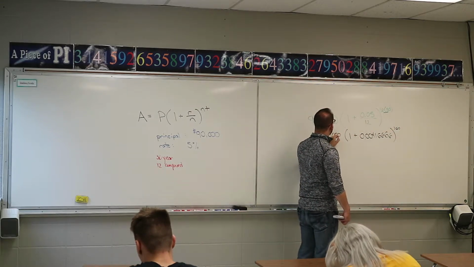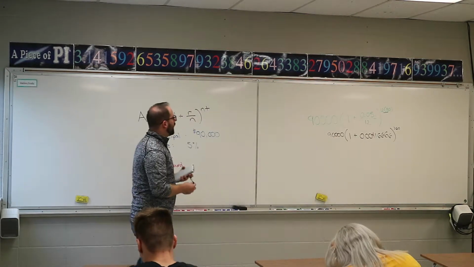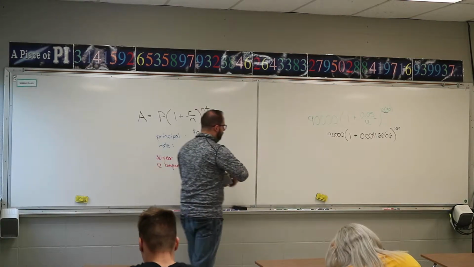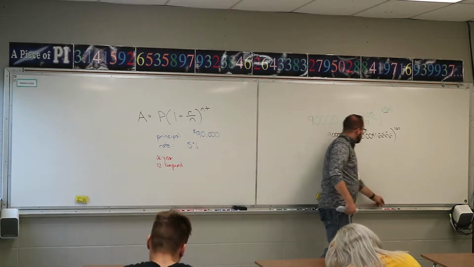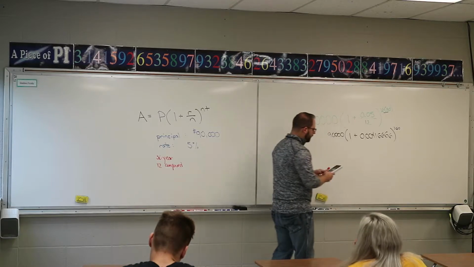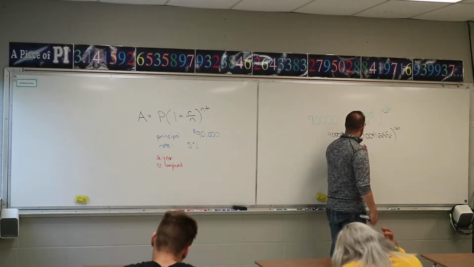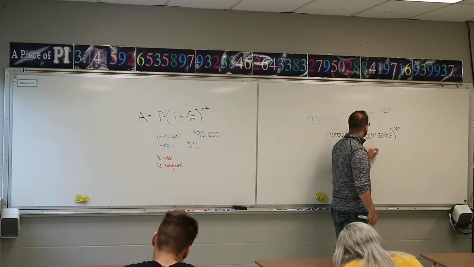All right, questions on the first step? Next, I'm going to actually add the two together. So if I add the 1 plus the 0.00416666, that gives me 1.00416666.